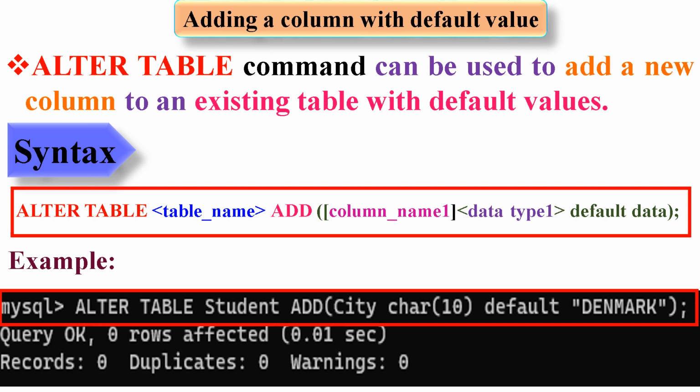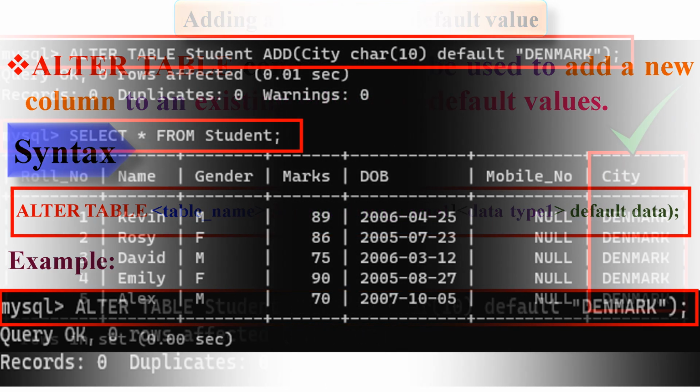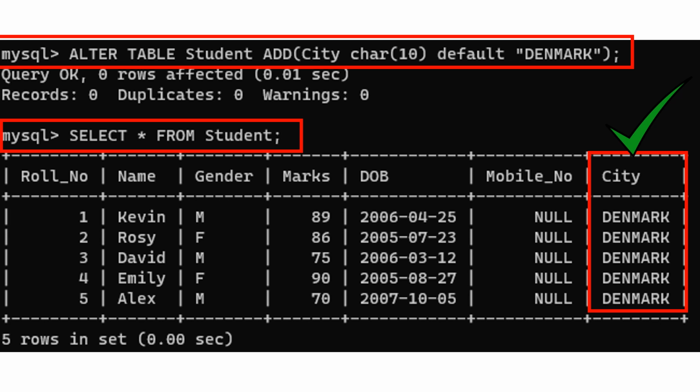Let's learn how to add a column with default value. The alter table command can be used to add a new column to an existing table with default values. The syntax is alter table table_name add column_name1 data type1 default data; Example. Alter table student add city char 10 default Denmark; Look at the statement given.